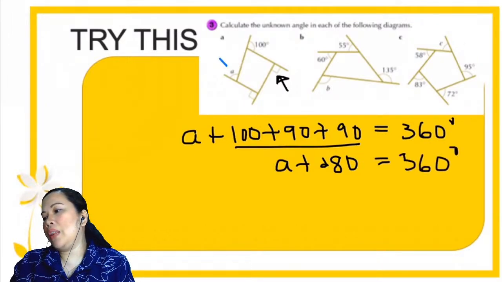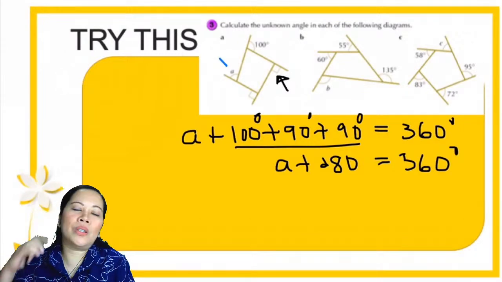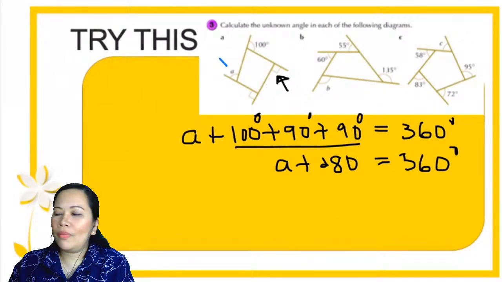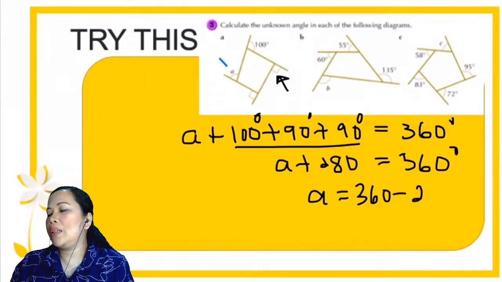By the way, don't forget the degree symbol, which is a small hollow circle on top. All right, so A would be 360 minus 280.